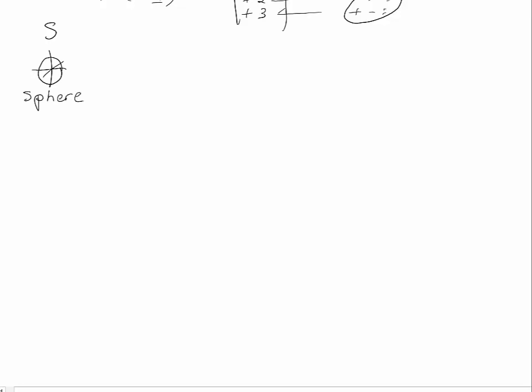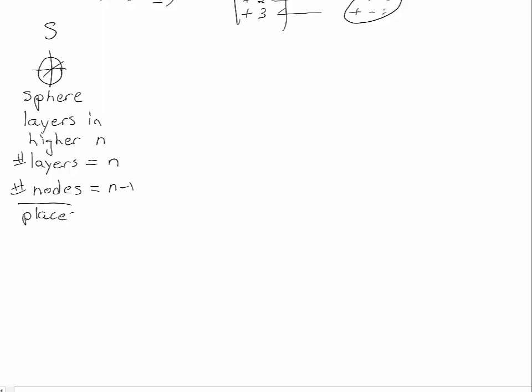That sphere will have layers in higher shell numbers or higher n, and the number of layers equals the shell number, and the number of nodes equals n minus 1. And these nodes are the places where the probability of finding the electron equals 0.